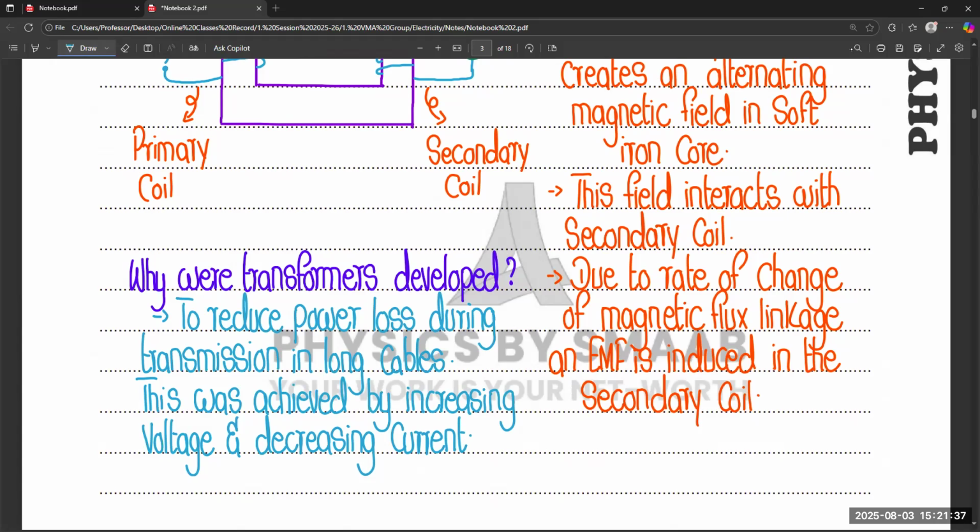Because when current decreases, so when there is a low value of current, there will be less resistance loss. So because of less loss, we have less amount of power loss. So this is the scenario that actually happens in the transformer, right? Any question in this?